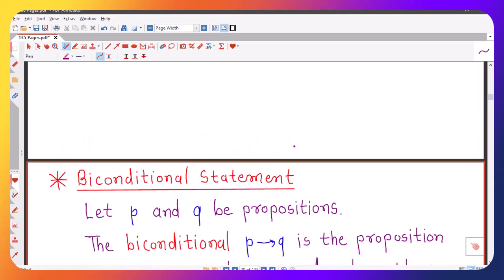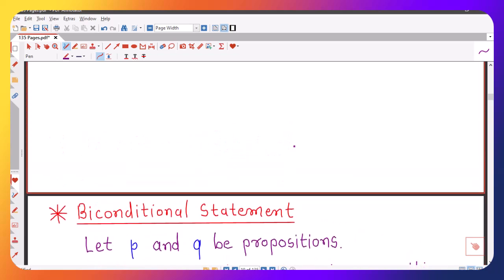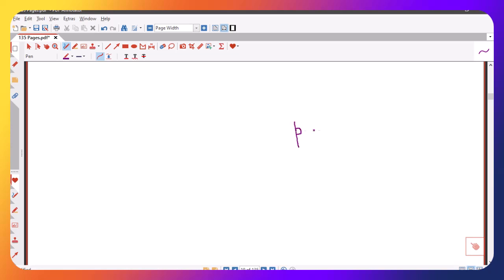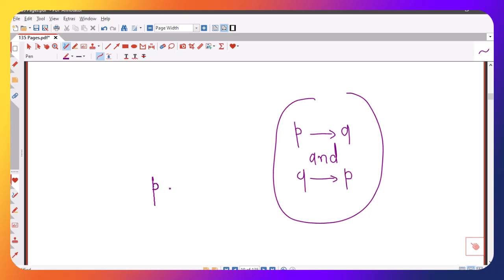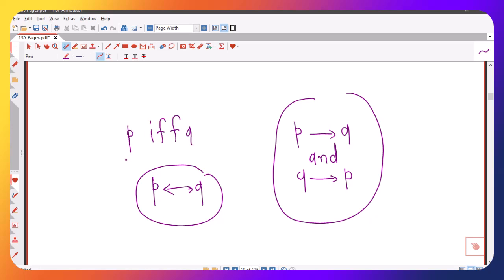Now we can have a conditional statement on two sides also. This is a one-sided conditional statement, P to Q, that is P implies Q. But suppose we have Q implies P also. If both P implies Q and Q implies P are true, then we have a biconditional statement, that is P if and only if Q. If P is true, then Q is true. If Q is true, then P is true.